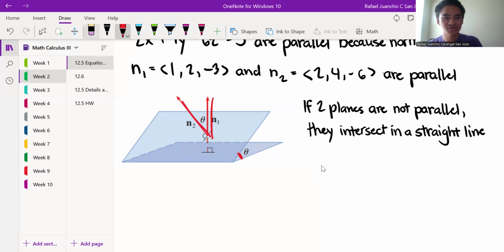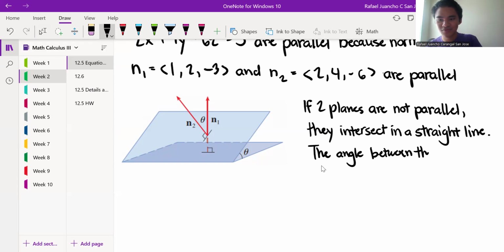These are the normal vectors. So I'm gonna write that out real quick. It's saying the angle between the two planes is defined as the acute angle.